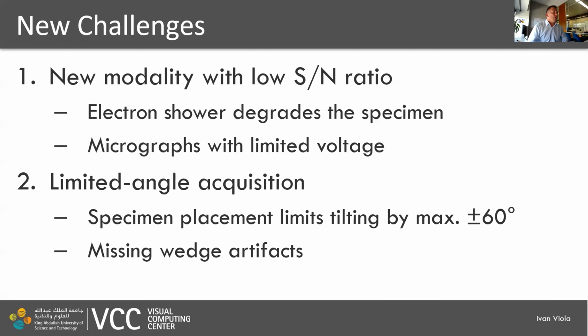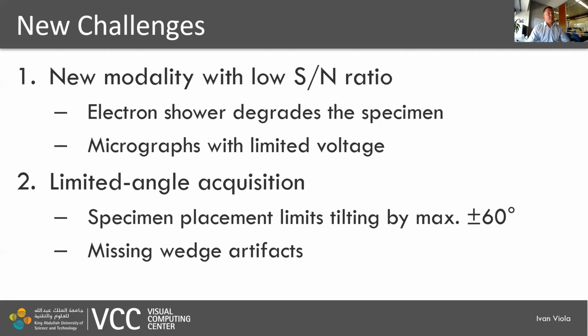So I will maybe just list what are somehow the new challenges in volume visualization of cryo-ET. It has a very low signal to noise ratio, and that is for a reason, because if we are doing the so-called tilt series, which are the basis for the tomographic reconstruction, we need to limit the dosage of the electrons to the specimen.